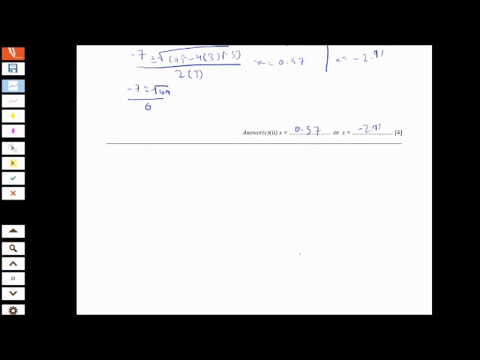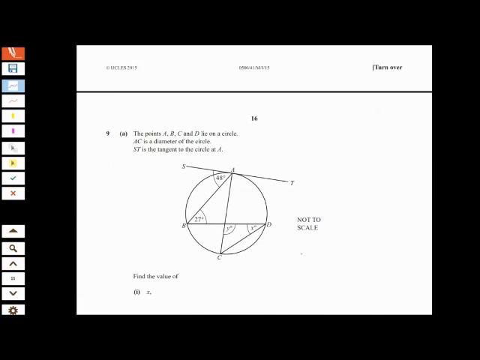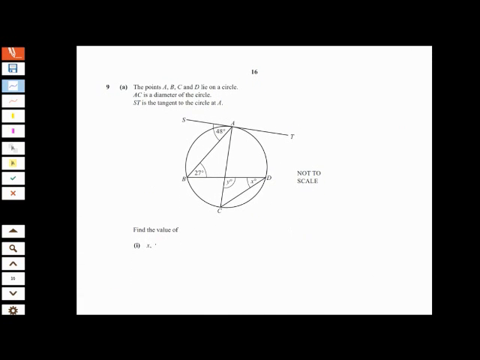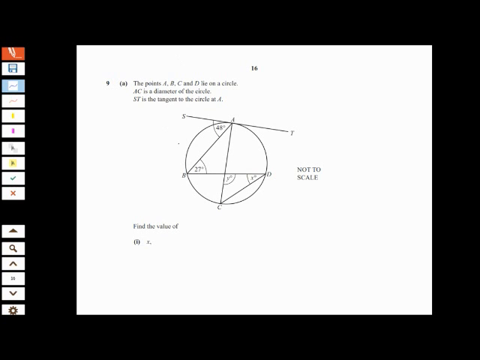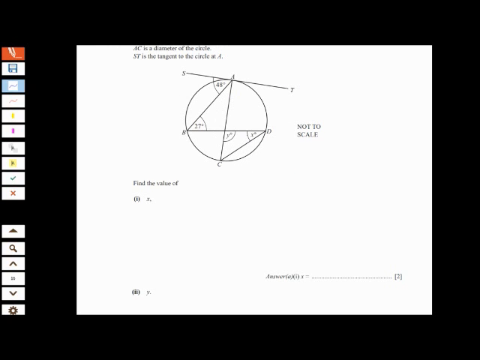So this, right, diameter of a circle is a tangent. Alright, find the value of x. They want this x. So basically, let's find this angle first. How would you find that? This is a right angle, so 90 minus 48 should give you the angle, which is 42.